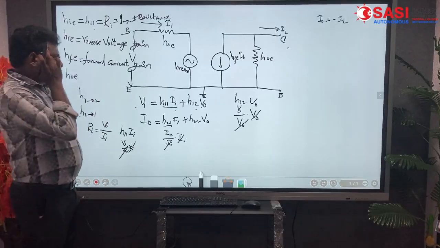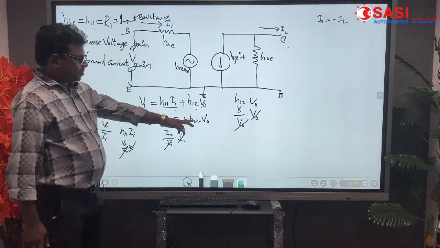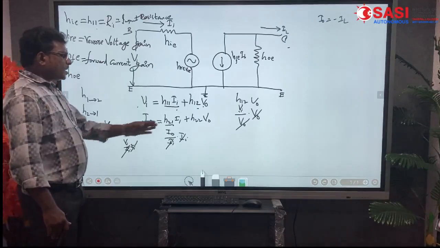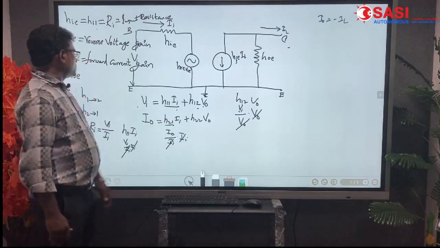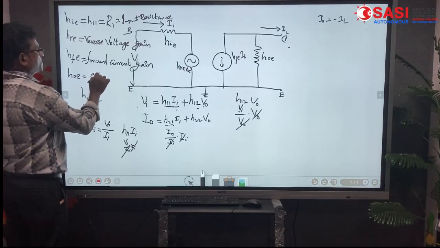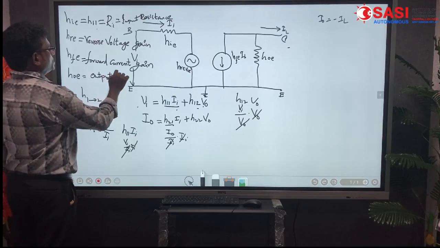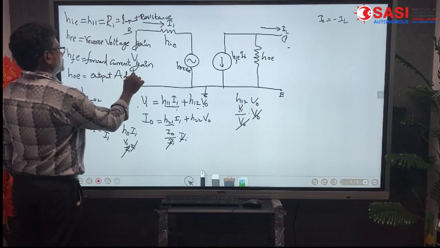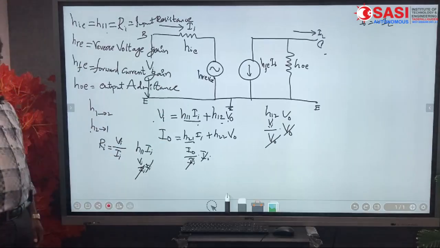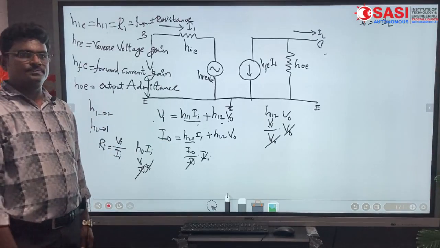Okay. Next, one more parameter, the last important parameter, is HOE. This is called output admittance. Admittance is the reciprocal of resistance. The reverse of resistance is called admittance.